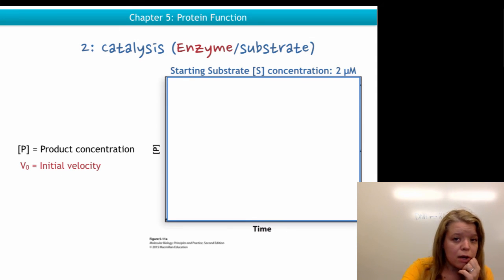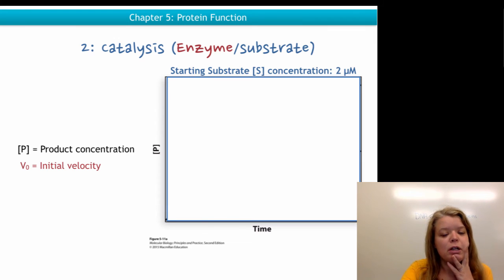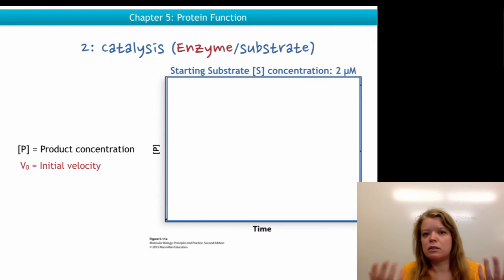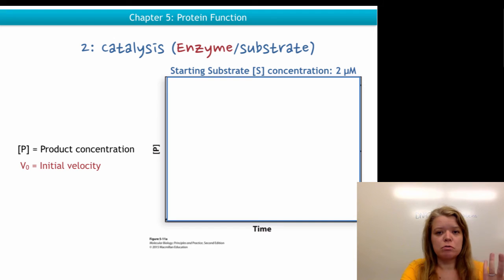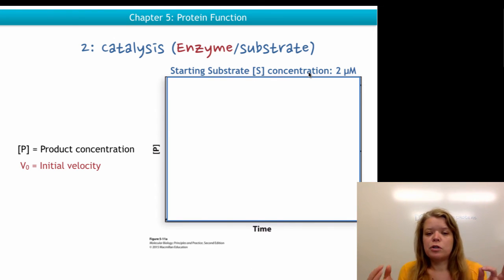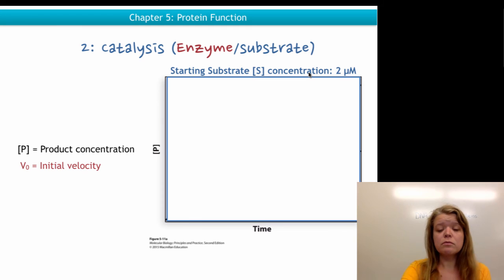The way Kms, Vmaxes and V0s are calculated experimentally is to take a defined concentration of the substrate and a very small amount of the catalyzing enzyme, because the enzyme shouldn't be changing, then allow the reaction to proceed, and measure the appearance of the product over time.